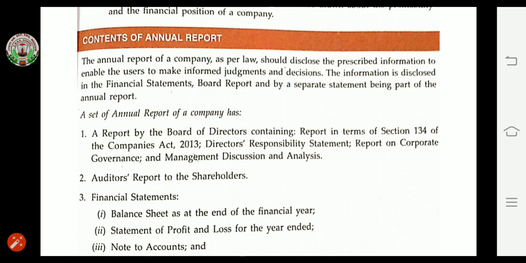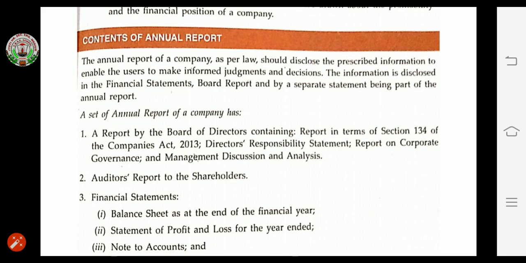Now annual report, when that company requires to hold a meeting of its shareholders every year, that is called annual general meeting, and this is convened to adopt, consider and approve the board report, balance sheet, statement of profit and loss and cash flow. So that report will be shown here.